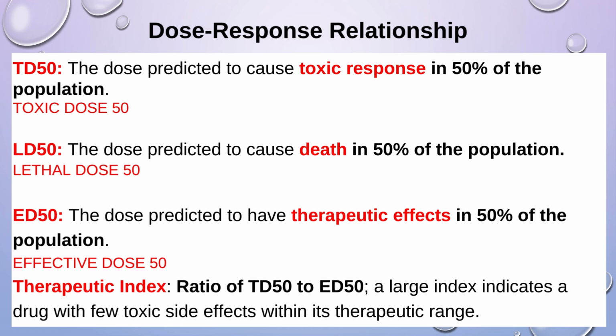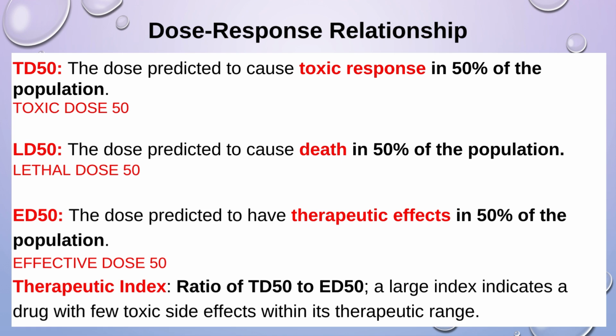How about the TI? This is the ratio of the TD50 to the ED50. If the index is large, it implies that the toxicant has few side effects and is within its effective dose 50, or its therapeutic range.